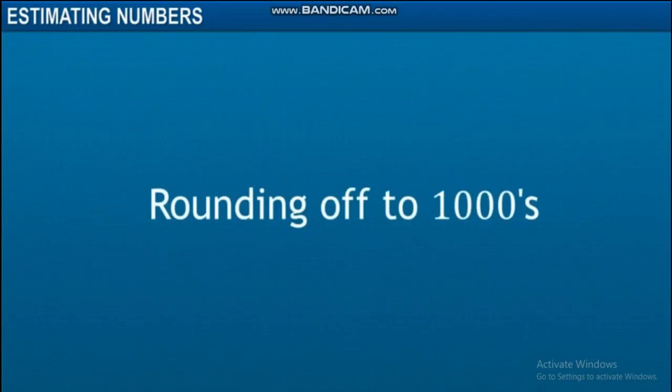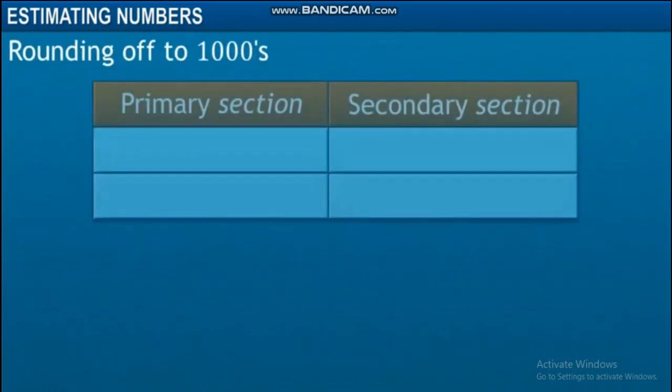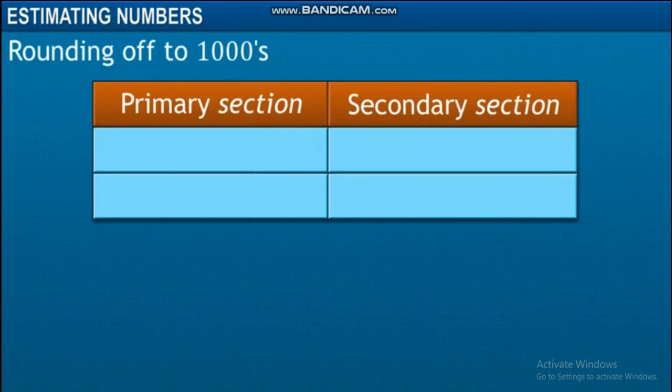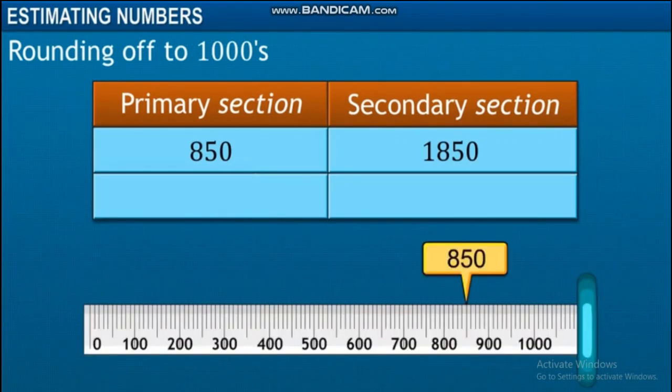Next, let's see an example to understand how numbers are rounded off to the nearest 1000. The number of students in a primary section of a school is 850. The secondary section of the school has 1,850 students. Here we see that 850 is closer to 1,000 compared to 0.